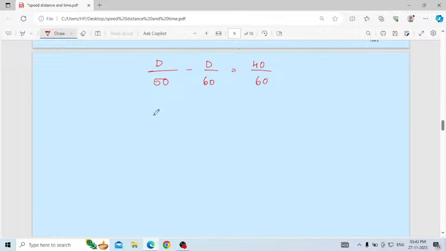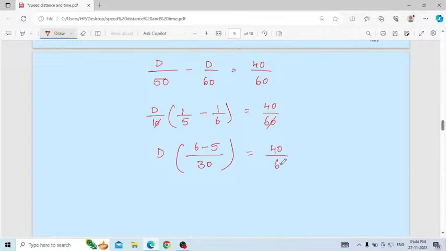Now you can take the common difference. Which one is easy for you? Solve like that. Consider D by 10 as common, then 1 by 5 minus 1 by 6 will be 40 divided by 60. Cancel the zeros. Here the LCM will be 30, then D by 30 will be equal to 40 divided by 6.